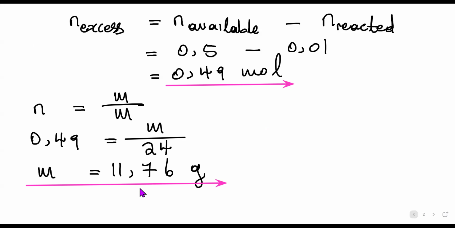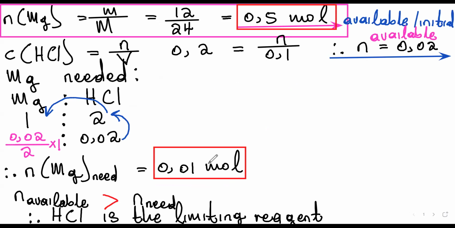First things first, we know that hydrochloric acid is the limiting reagent, and we have to use the limiting reagent to get the number of moles of hydrogen gas. But we don't just use them blindly, we need to look at our stoichiometric ratios.